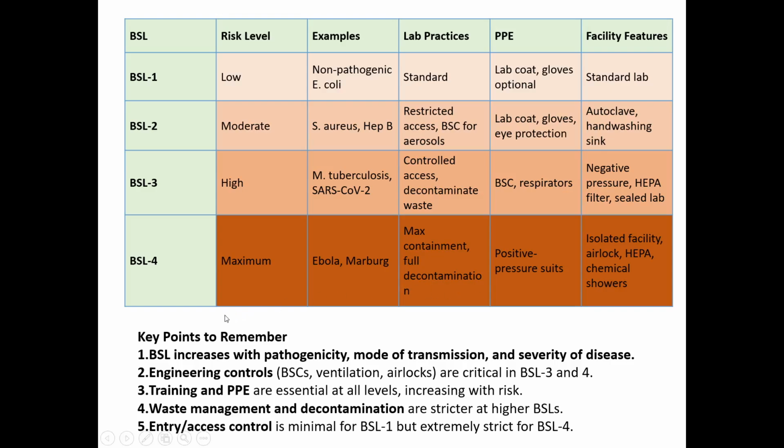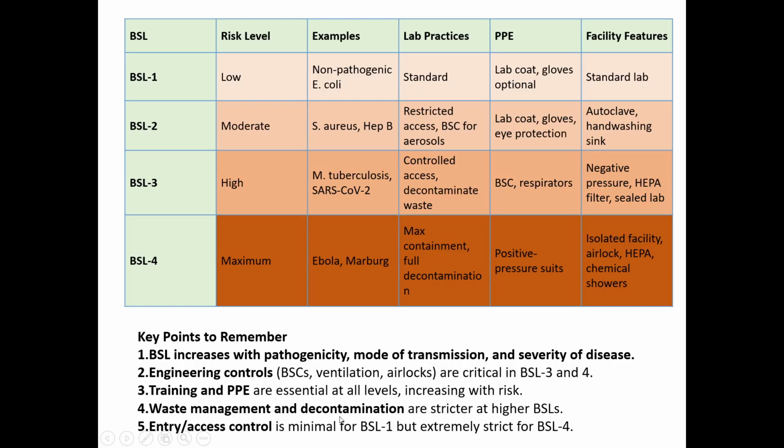So the key points to remember is BSL increases with pathogenicity, mode of transmission, and severity of the disease. Engineering controls here, biosafety cabinets, ventilation, and airlocks, are critical for BSL-3 and BSL-4. Training and PPE are essential at all levels, increasing with the risk.